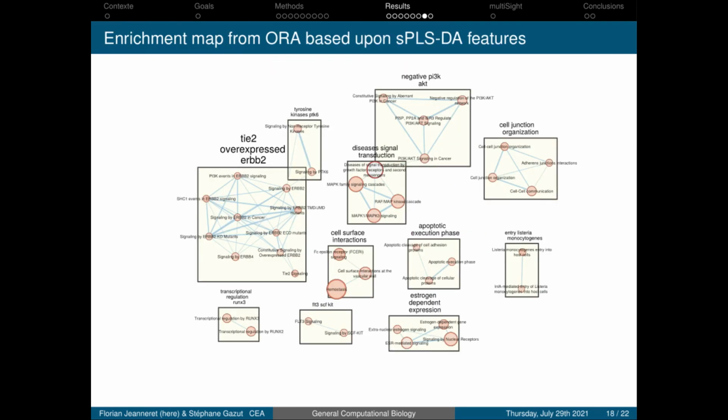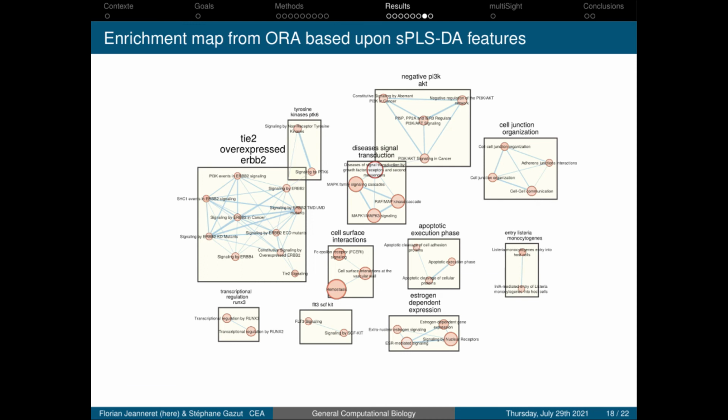So with this workflow, we get this. We can see this workflow enables a network that is not highly dense. And in fact, we can see biological themes such as overexpressed ERBB2 or organization of cell junctions.